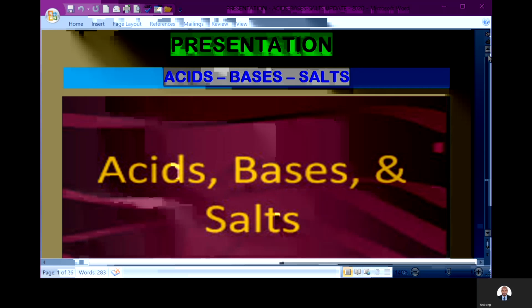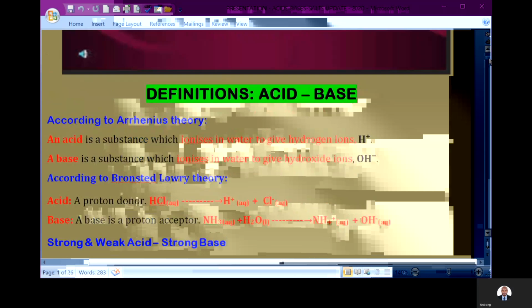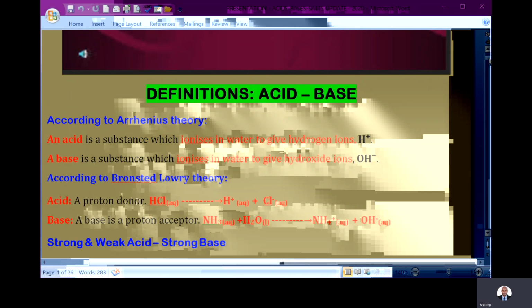Firstly, you should understand what an acid is. There are two theories: the Arrhenius theory of acids and the Bronsted-Lowry theory of acids. The Arrhenius theory defines an acid as a substance which ionizes in water to give hydrogen ion as the only ion.